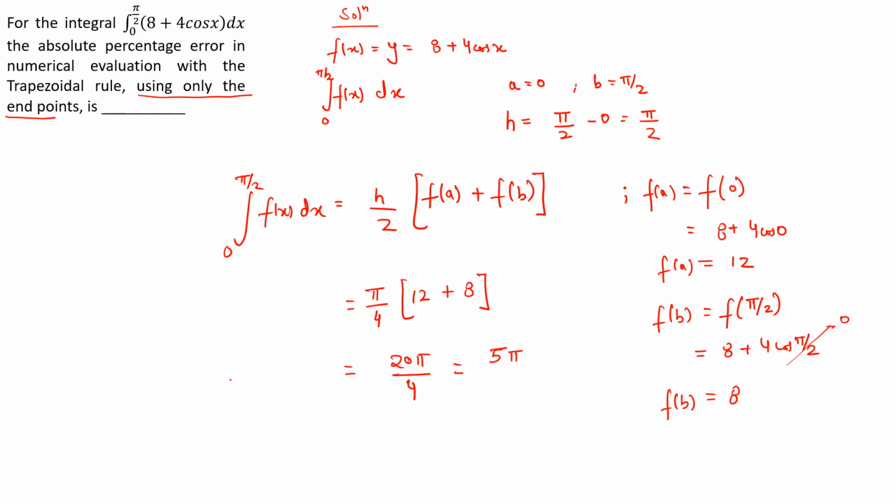Now we are asked to calculate the absolute percentage error. So let's see what the actual integration of this function is. The exact integral will be the integration of f of x dx from 0 to pi by 2, which is the integral from 0 to pi by 2 of 8 plus 4 cos x dx.